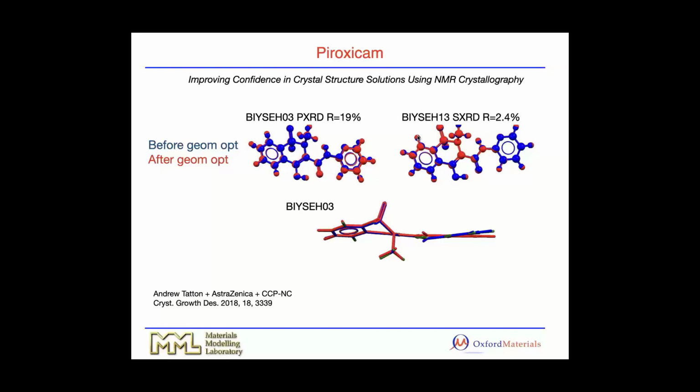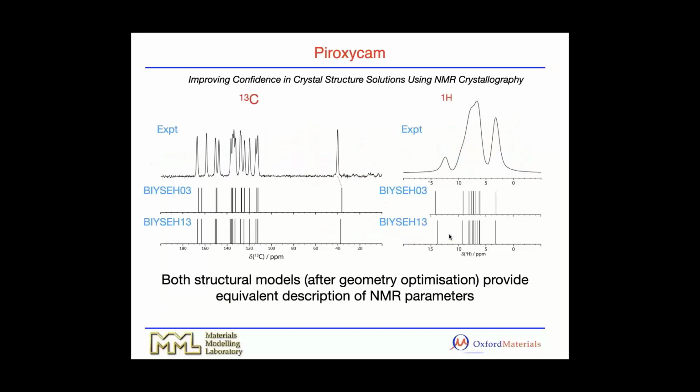So one of the things that we were able to do here is take these two structures and then do some geometry optimizations on them, and you can see there were some movements, for example, in the second ring. Obviously there's only one true structure, and that's the one we were able to do the solid state NMR experiments on.